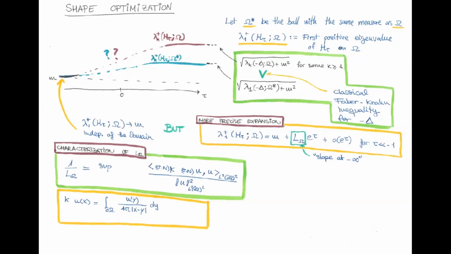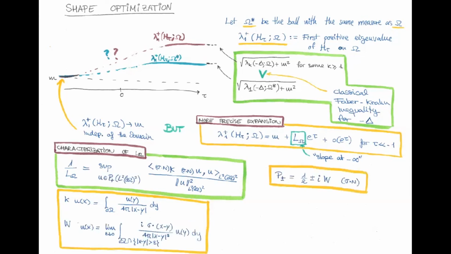Well, it involves also this normal thing, but forget about this. But the integral operator that is appearing here is the convolution of the function with the Newtonian potential in the boundary. Okay, but life is not so easy, and this maximization is not done over all L2 of the boundary, but in a certain projection of L2.